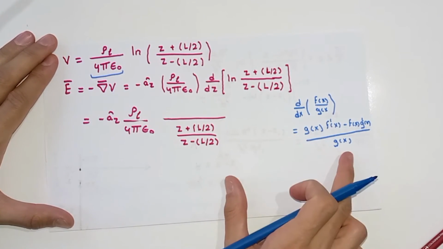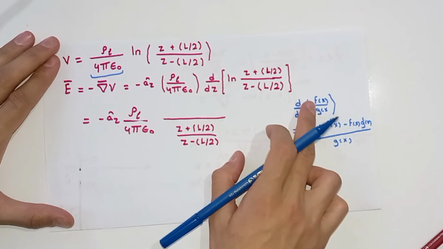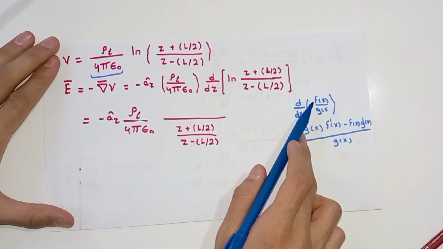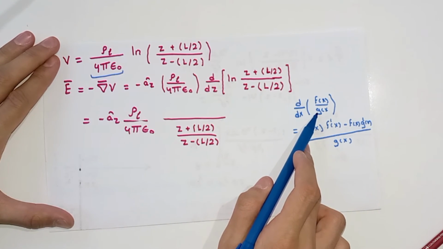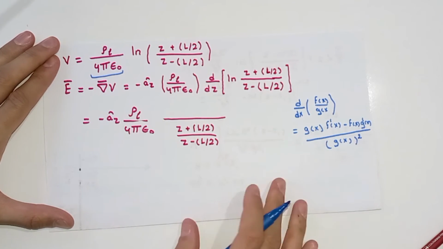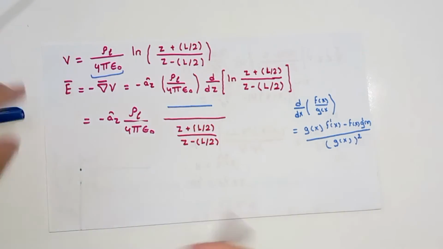How do we find the derivative of a fraction? We find the derivative of the numerator times the denominator, minus the numerator times the derivative of the denominator, divided by the denominator squared. According to this, we will have the following.